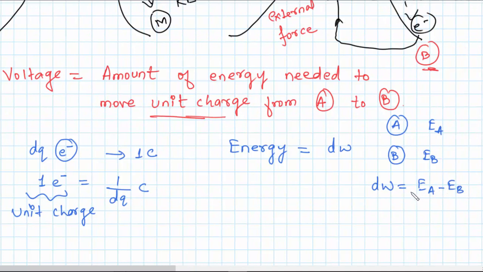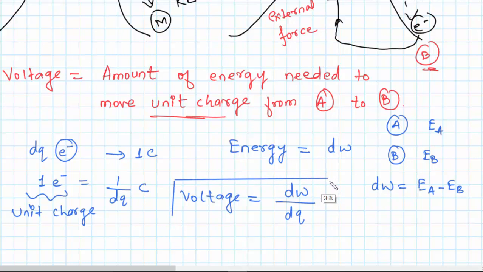This much energy is needed to move charge from A to B. So voltage is finally defined as dW over dQ. This is a very important result. We are going to solve some really amazing problems using this equation. So voltage equals dW over dQ.